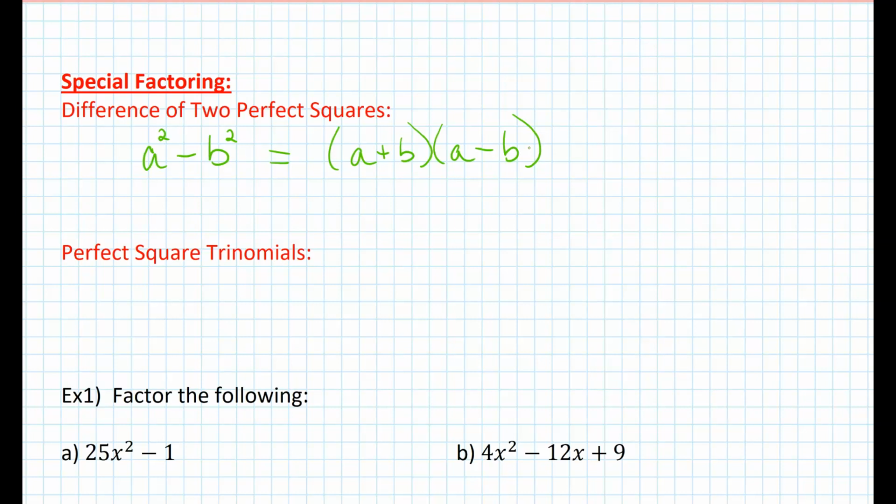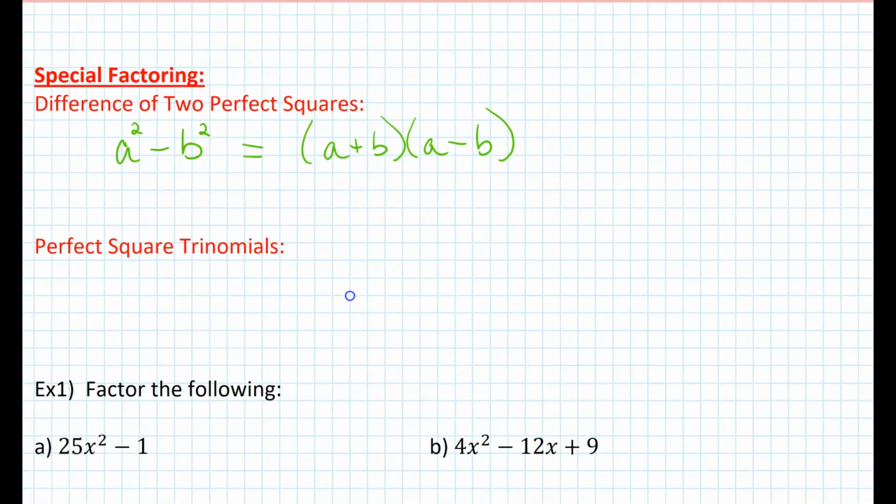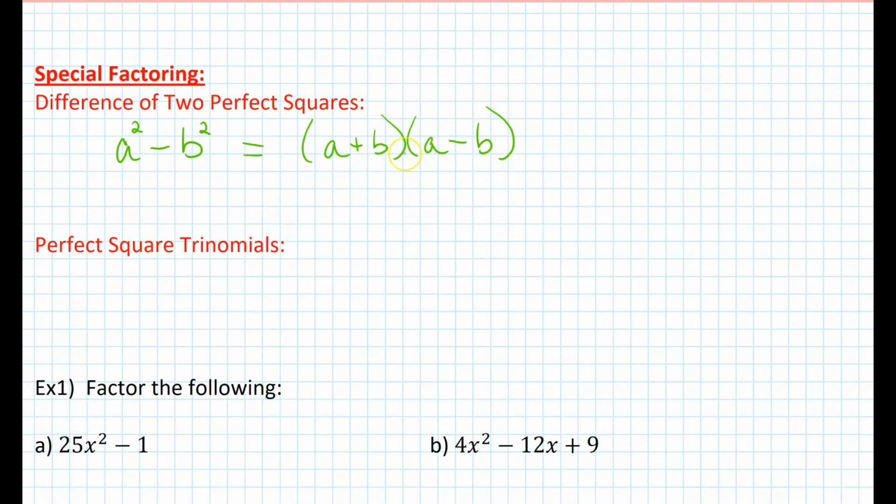Exactly. Okay, so if we recall, when we multiply two binomials like this together, I'll rewrite it over here, a plus b times a minus b. When we start distributing our terms, we get a squared minus ab plus ab minus b squared.